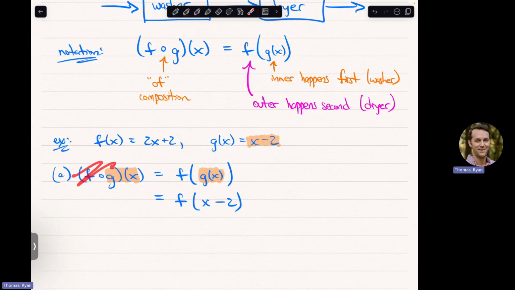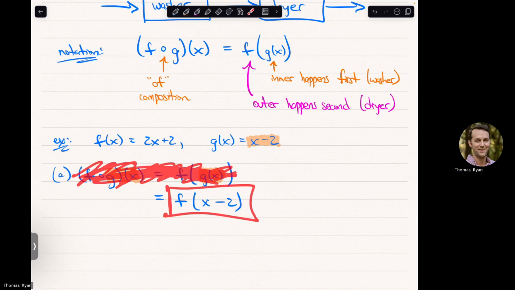Once I've done that, I'm just going to forget about all this and look at this and think about what it's asking me to do. What I need to do is figure out what f does. So evaluate f, or plug in x minus 2 for x.